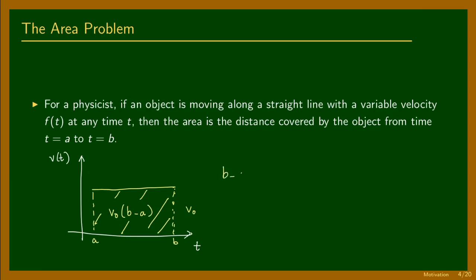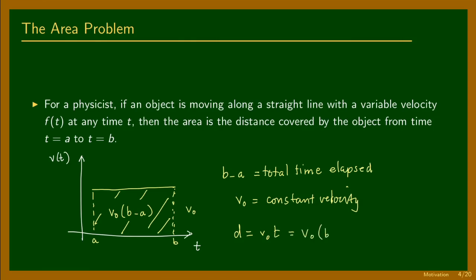Because b minus a is the total time elapsed. Right? And of course, v0 is the constant velocity. Well, you know that distance is velocity times time. So v0 times b minus a as indicated.